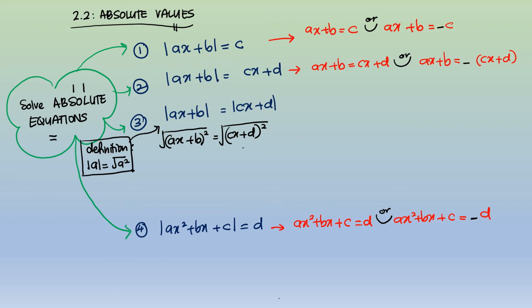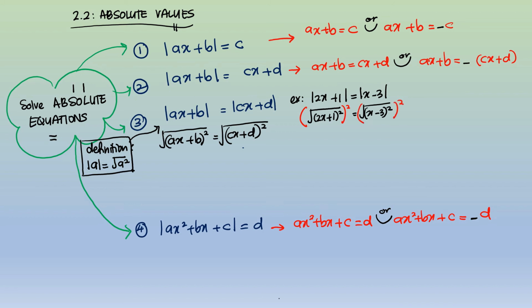Alright, so for you to be clear about it, let me give you an example for this one. You have modulus 2x plus 1 equal to modulus x minus 3. So everything lies inside the modulus. We change using the definition to modulus 2x plus 1 squared equal to modulus x minus 3 squared. So what you are going to do is actually square both sides.